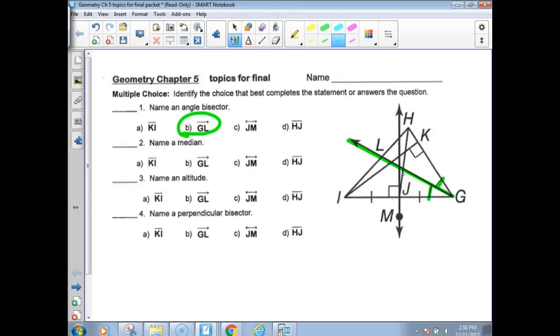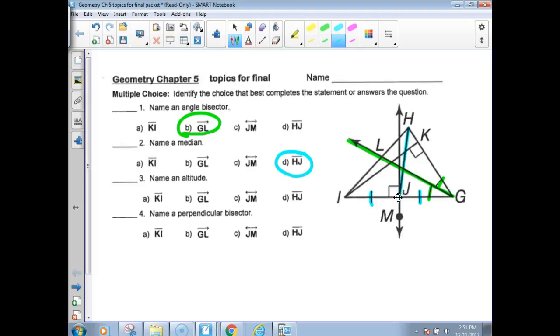All right, here's the side that's cut in half. Everybody find it? It goes from a vertex to this side, so it has to be HJ. Do we understand why that's the median?